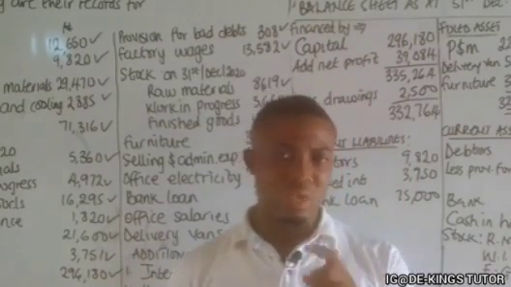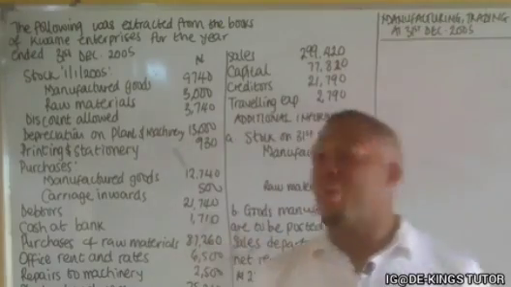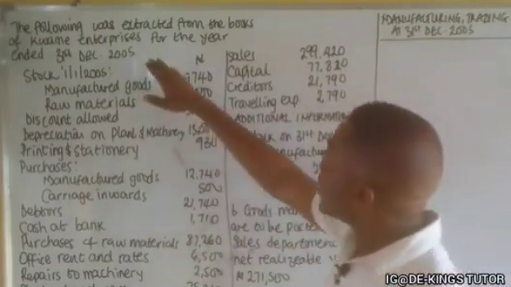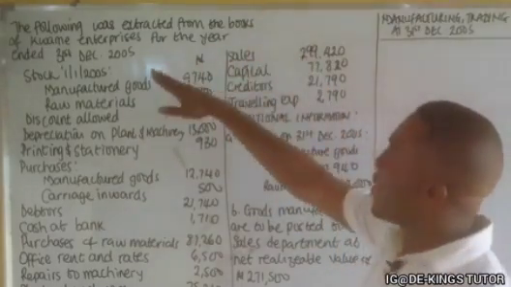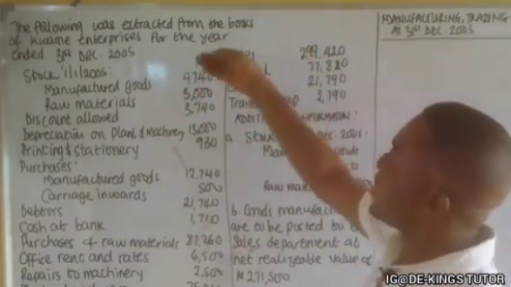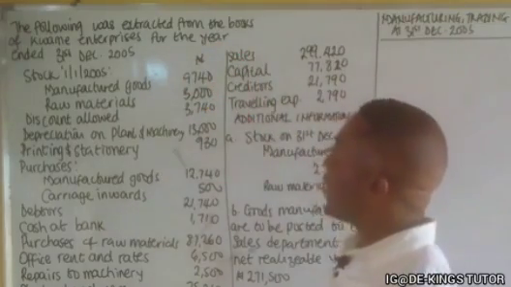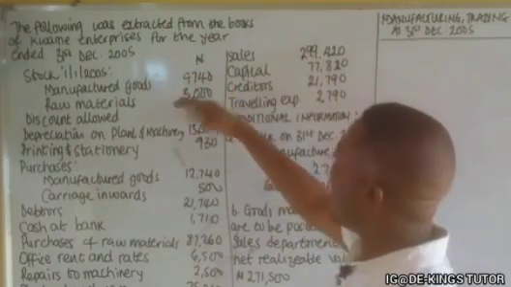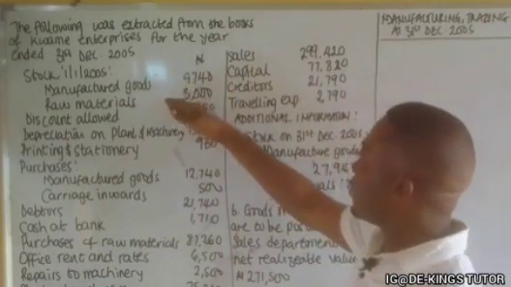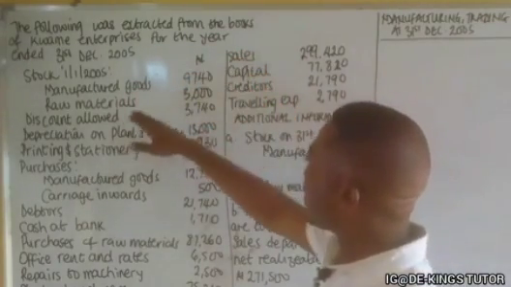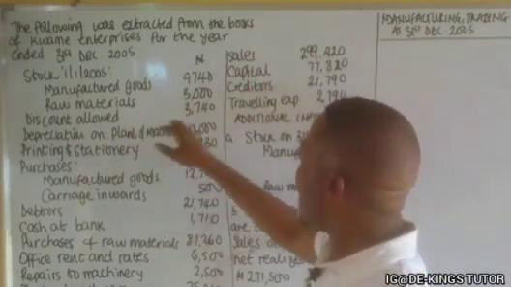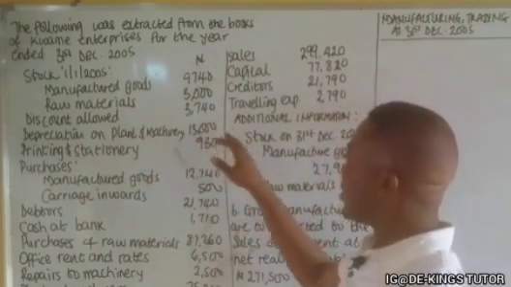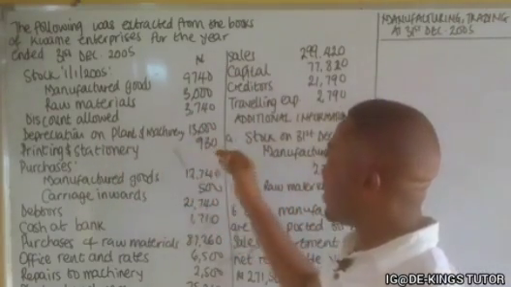Let's see the question that relates to transfer pricing. It said the following was extracted from the books of Kwame Enterprises for the year ended 31st December 2005. We have stock on 1st January 2005: manufactured goods 9,740, raw materials 3,000, discount allowed 3,740, depreciation on plant and machinery 13,000, printing and stationery 930.